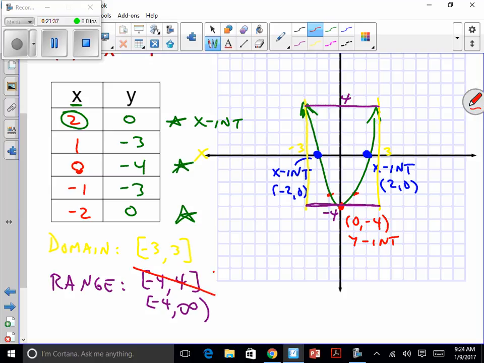Now, domain, both of the 3's are going to disappear. What do you mean both of the 3's? With the domain, these arrows on this picture say that the picture is going out and out forever and ever, like it's angled out and out forever and ever. So what is true most of the time? If you had to guess on a test, they give you a parabola, and you're not sure what the domain is going to be.